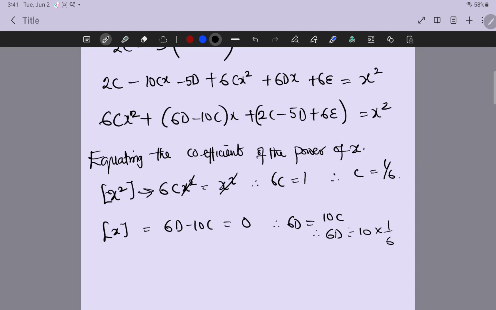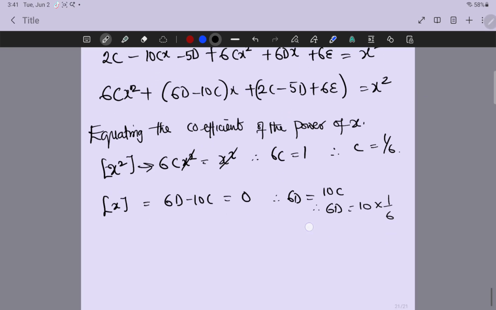So what will be your d? Your d is 5 over 18. So at this point, 6d is equal to 10 over 6, so d is 10 divided by 36. So your d is 5 over 18.